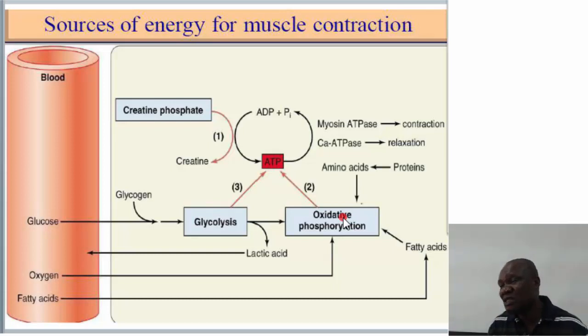This process is slow, right, but is the most efficient because it produces lots of ATP that can be utilized. Now, the substrates for oxidative phosphorylation are fatty acids and glucose. So these three processes would ensure that the muscle is supplied with energy.